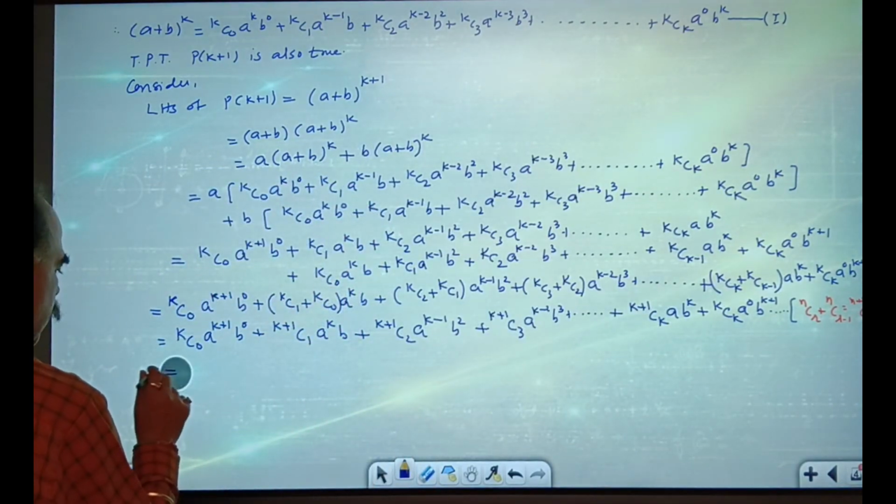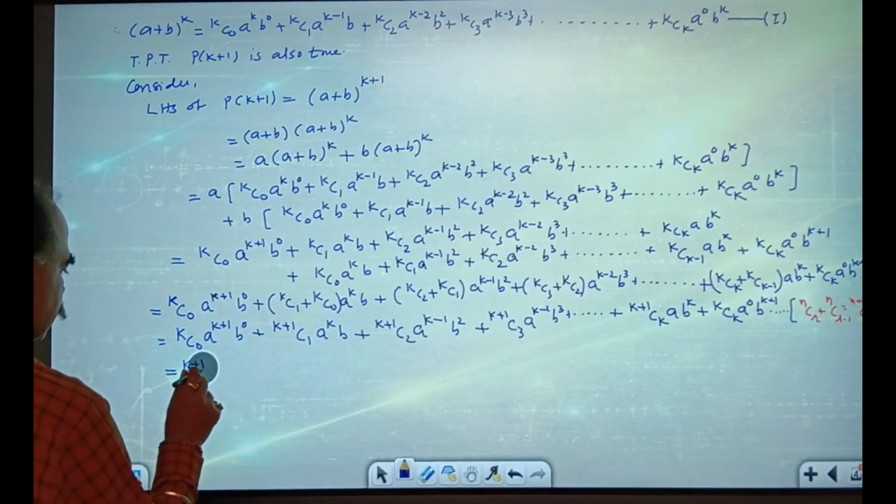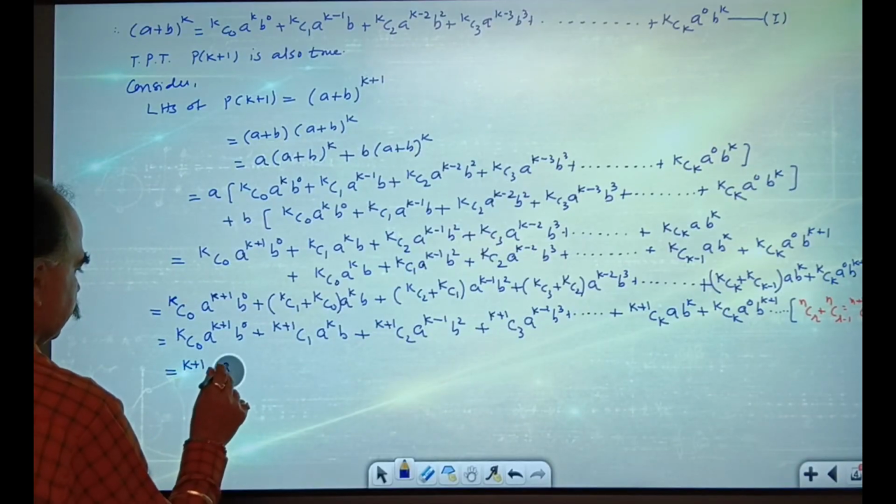Now KC0 is what? 1, and K plus 1 C 0 is also 1.